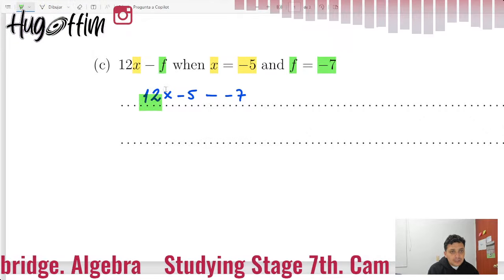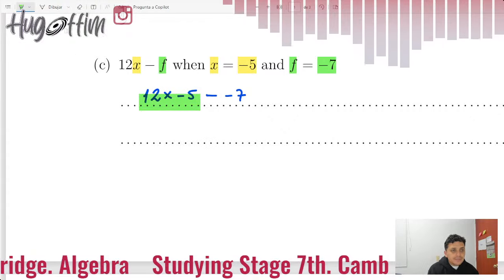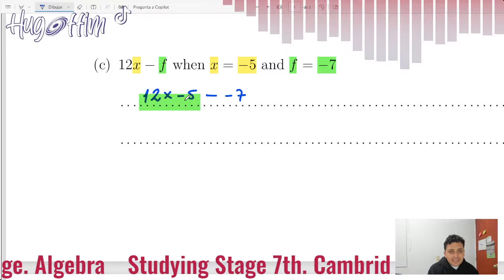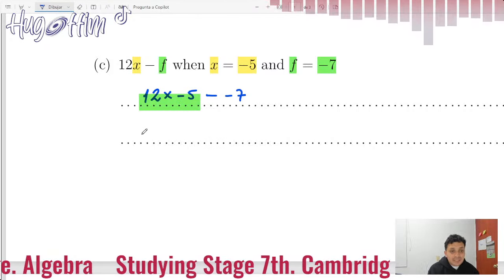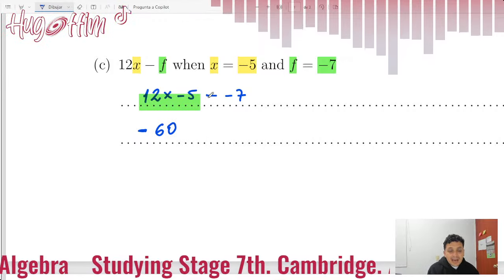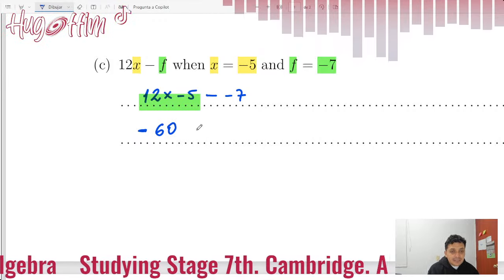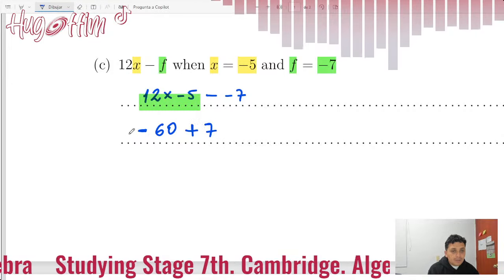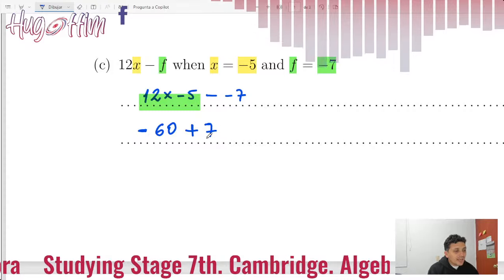So you must do first the multiplication and then the subtraction. So I'm going to multiply 12 times -5. Positive times negative is negative, so this is going to give you -60. And subtracting the negative is the same as adding the opposite, so it means +7. So what I'm going to do is -60 plus 7.